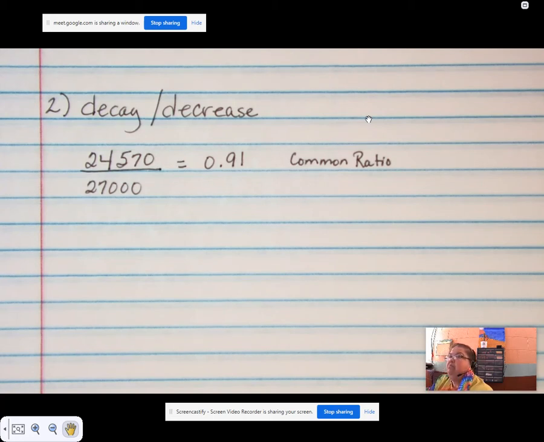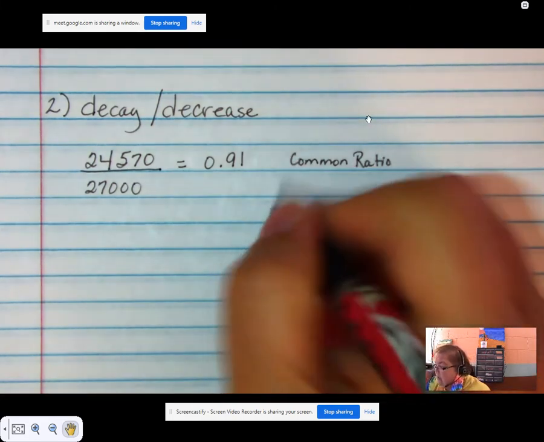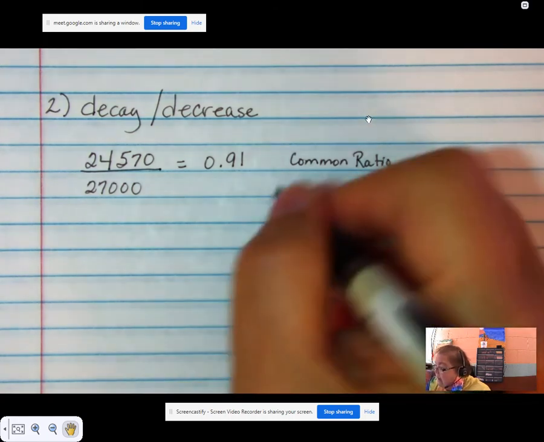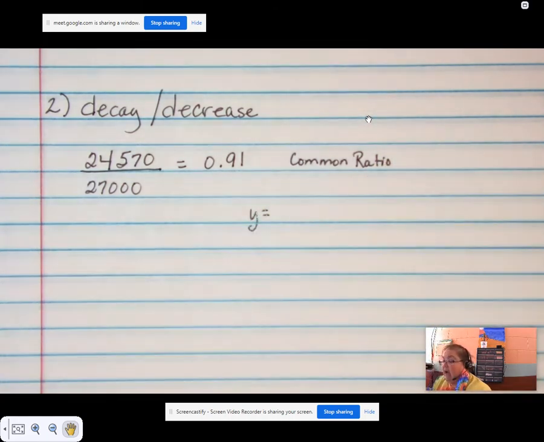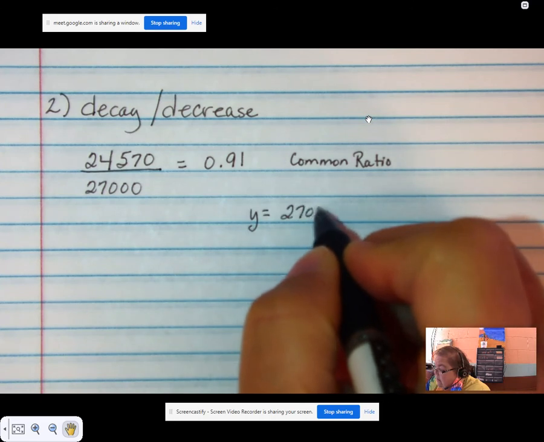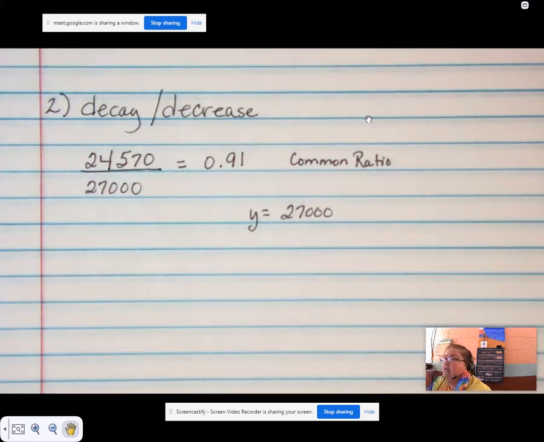So then we would put that into our formula, which is, since they didn't give me one, I'm going to use y equals. I could use f of x, right? Same thing. What did I start with? What I started with is 27,000, correct?